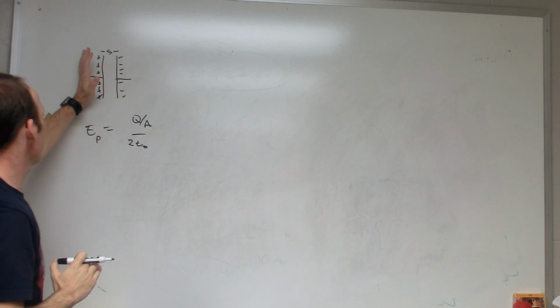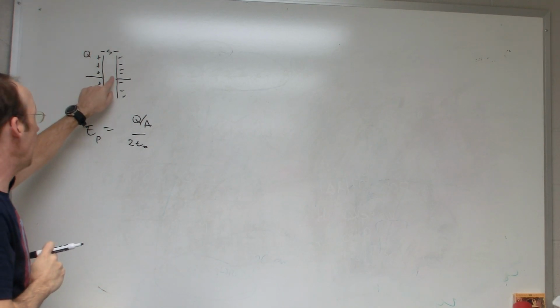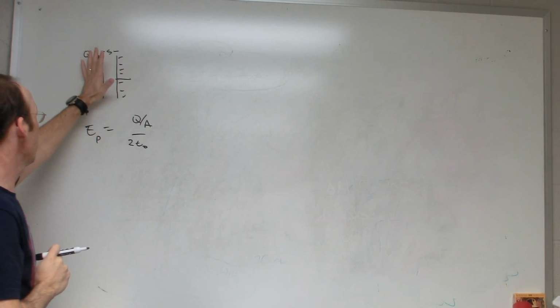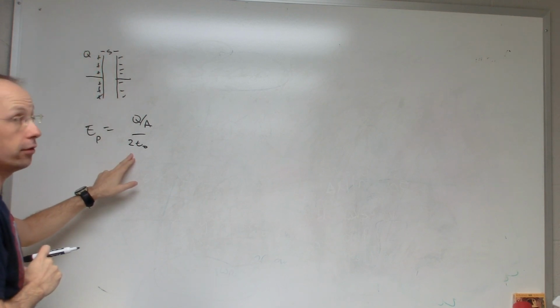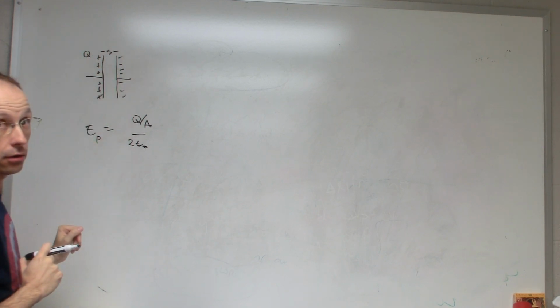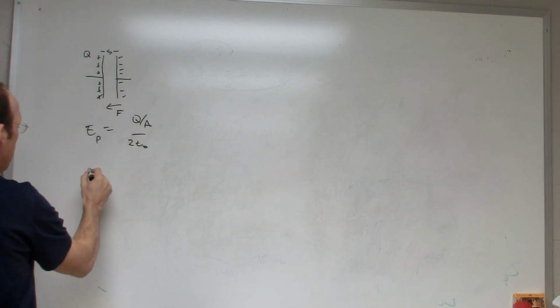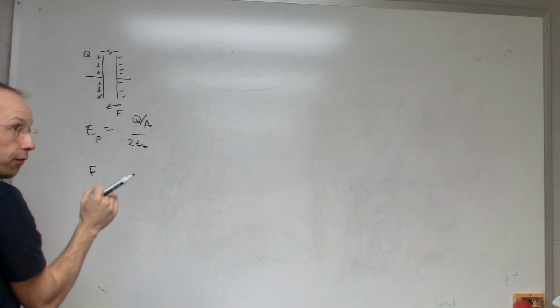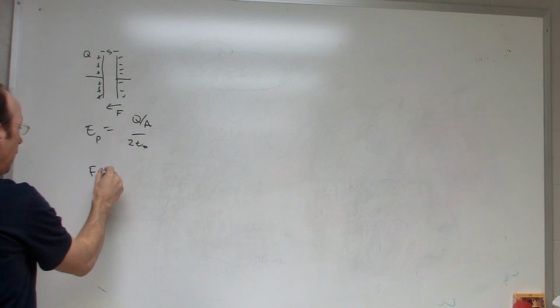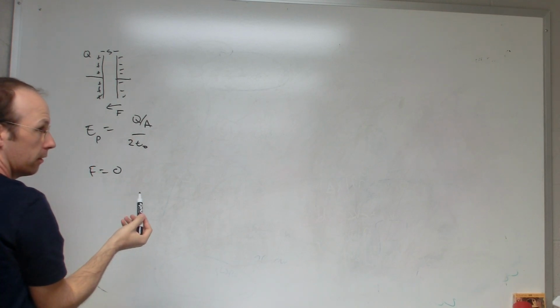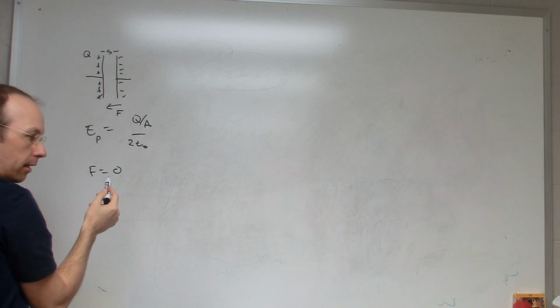So this exerts a force on that, because this makes an electric field. This is the electric field due to one of them, and that's a charge. So what's the force on that plate? There's a force that way, F. And since it's a constant electric field, I can just say F equals the charge times the field.